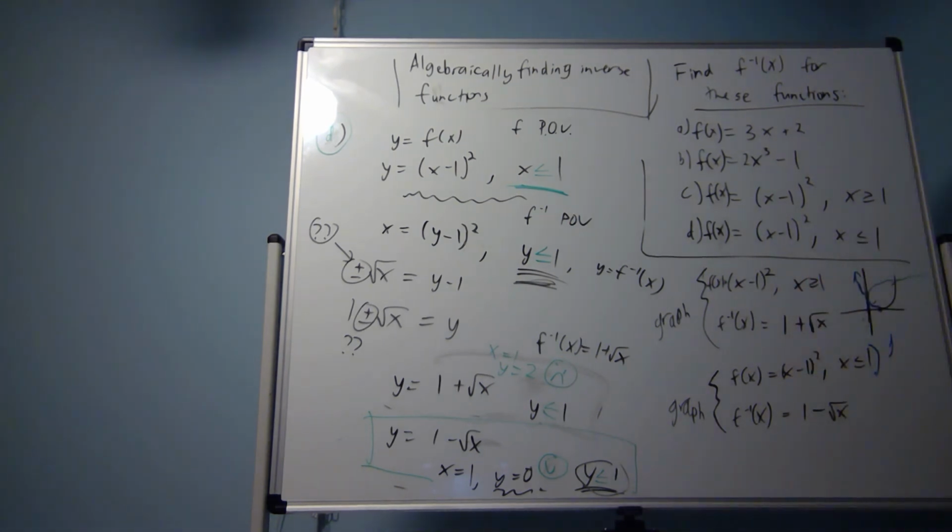Well, then maybe red for the other one. What is the mirror image of the blue parabola? 1 minus the square root of x is kind of this weird looking thing like this.